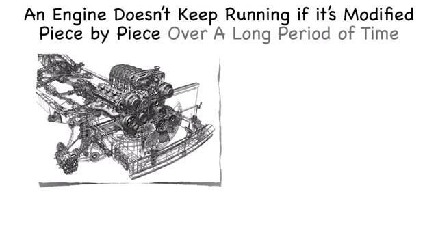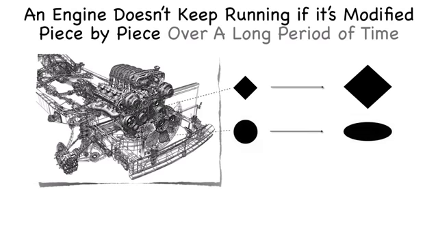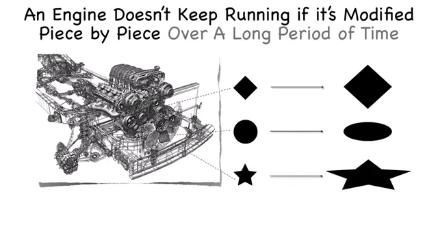Now, if a technician were to change one part in your car engine, we'll use this diamond shape here to represent that part, and the technician was to make it larger, the motor would stop running until the other related dependent parts were also modified. The circle part would have to be modified, the star part would have to be modified, and so on.